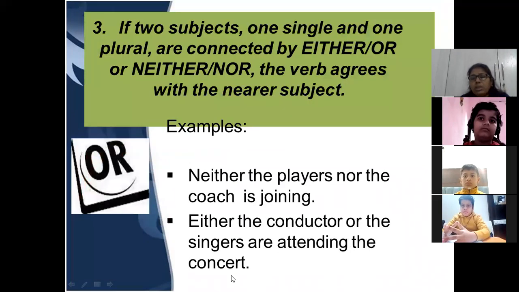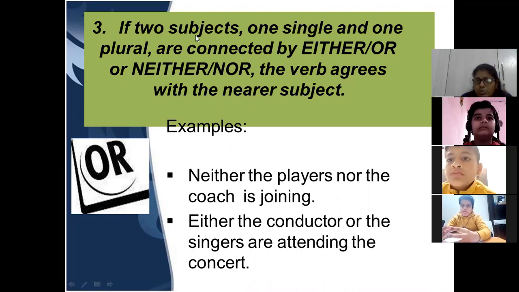Now coming to the third one. If two subjects, one is single and one is plural, if they are connected by either or, neither nor, the verb agrees with the nearer subject. Now see, how will you understand this point? Two subjects, okay?